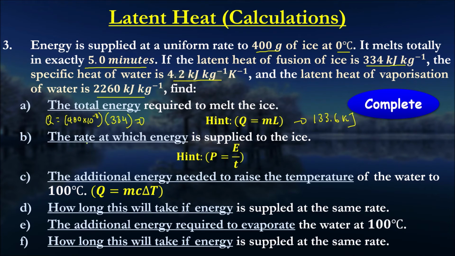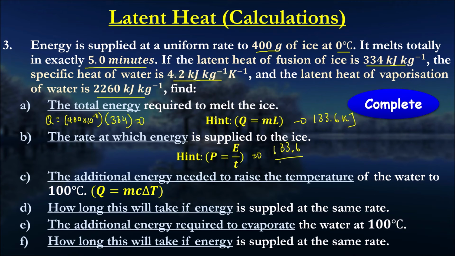The next question is how much power, at what rate, was the energy supplied to cause the ice to melt? Okay, so the total energy we used up is 133.6 kilojoules within a time frame of 5 minutes.